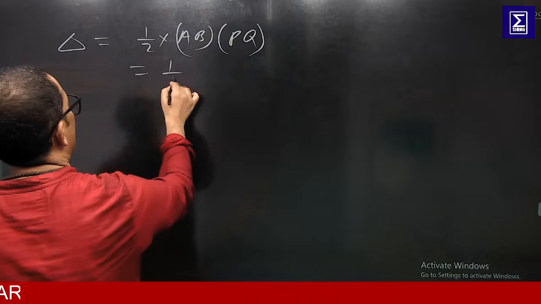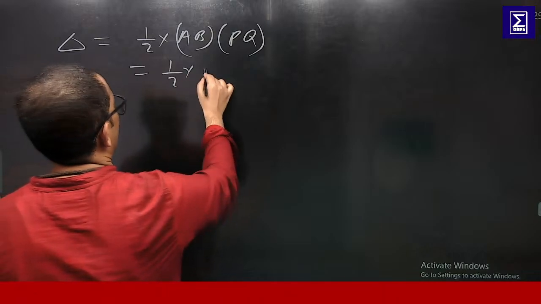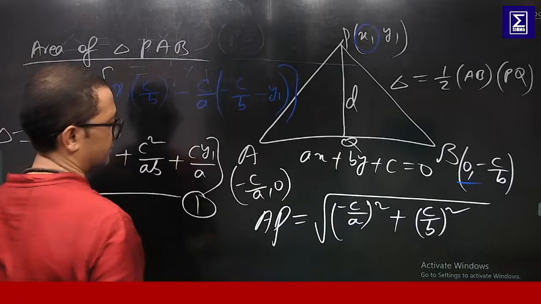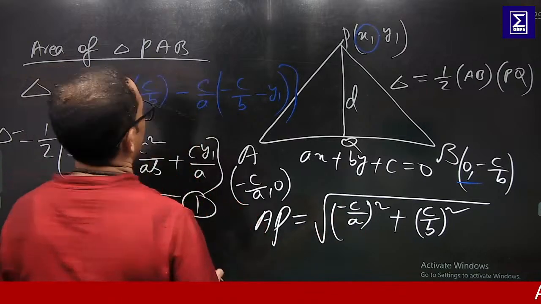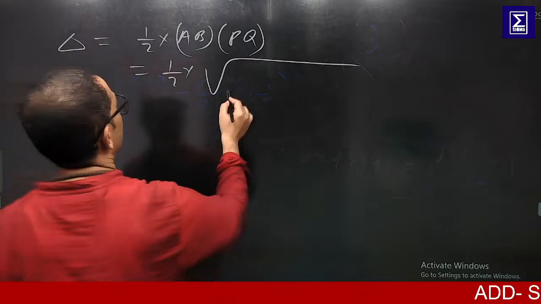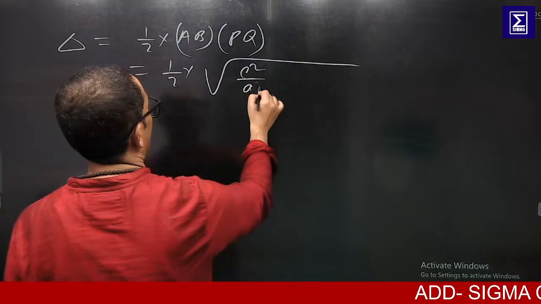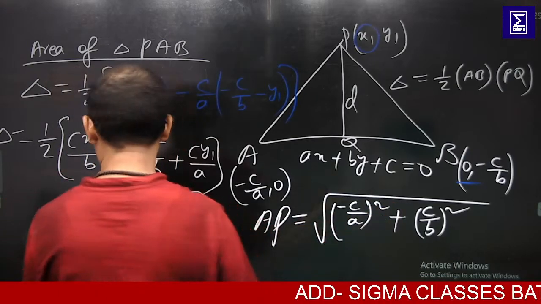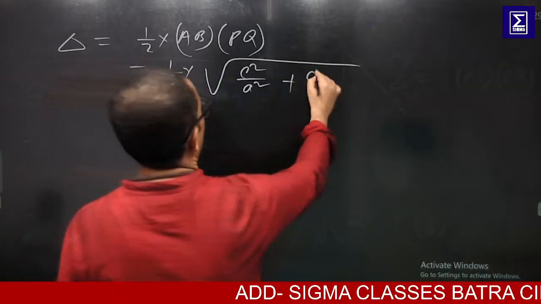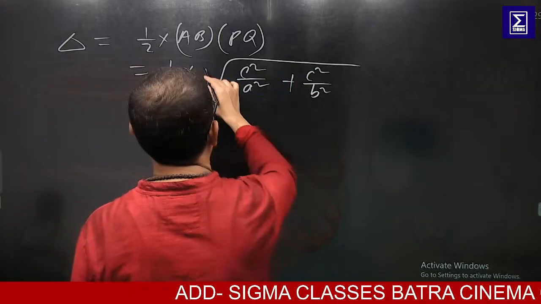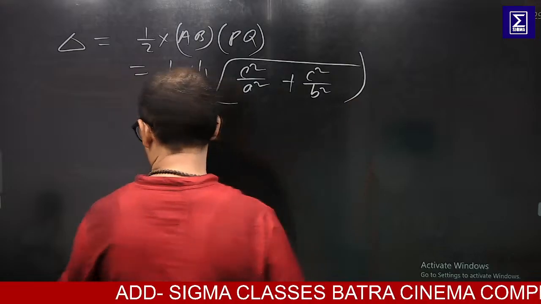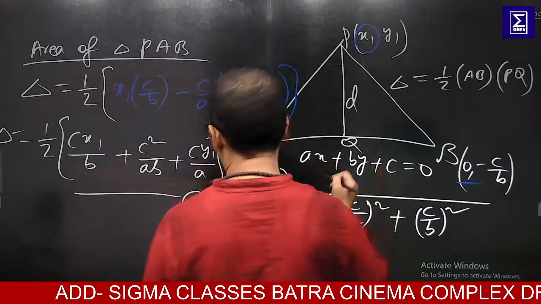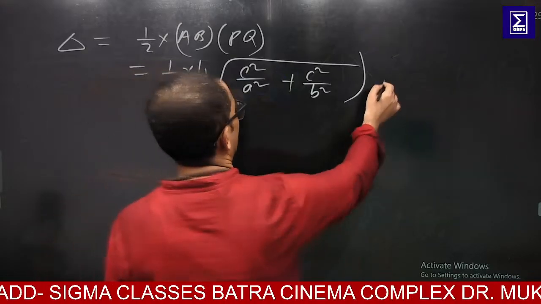So half times AB is root under C square upon A square plus C square upon B square, and PQ is nothing but D, so let it be D.